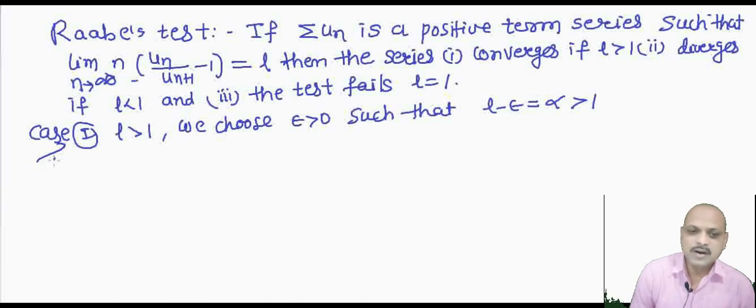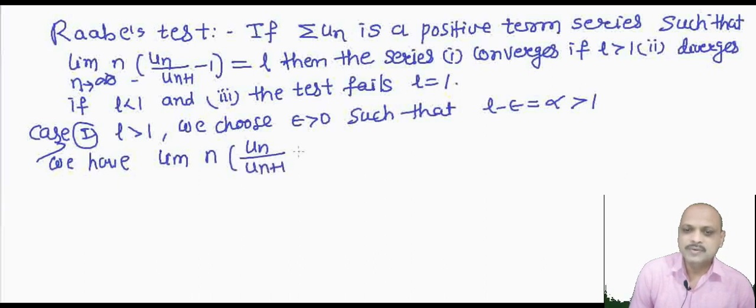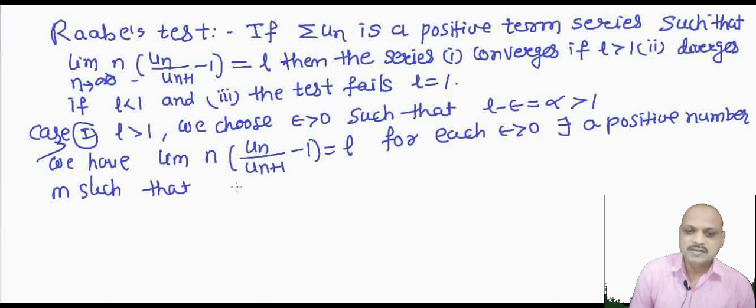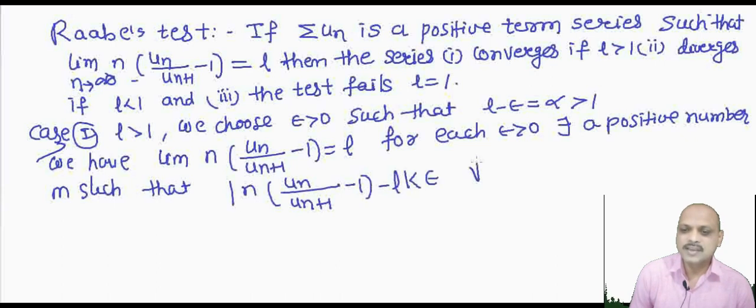Now what is given? It is given that limit of n into (un divided by un plus 1 minus 1) equals L. By definition, for each epsilon greater than 0 there exists a positive number m such that the modulus of n into (un divided by un plus 1 minus 1) minus L is less than epsilon for all n greater than or equal to m.